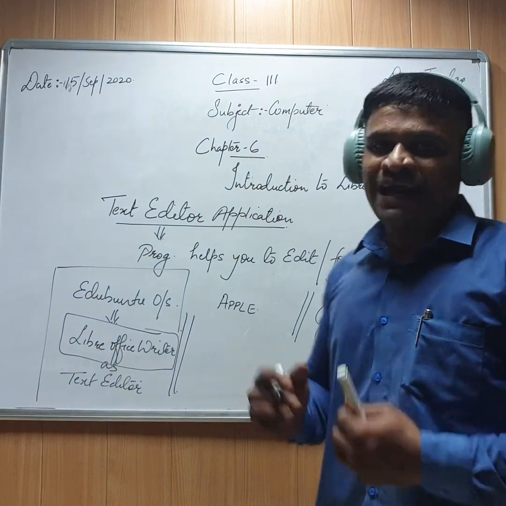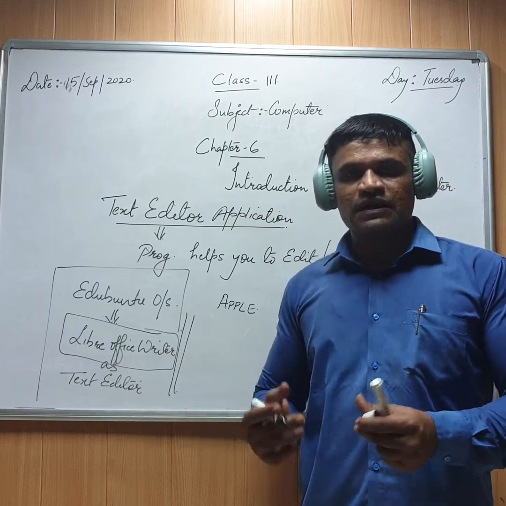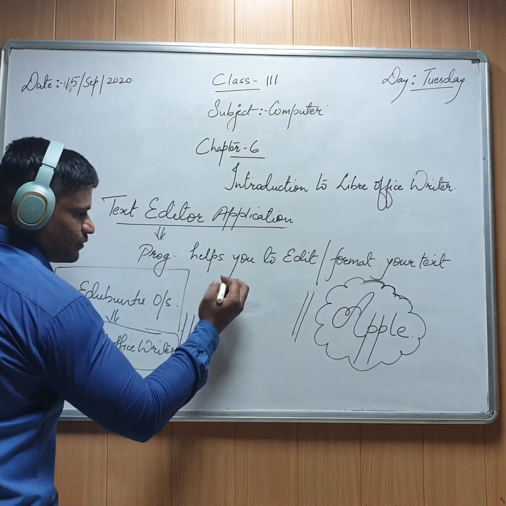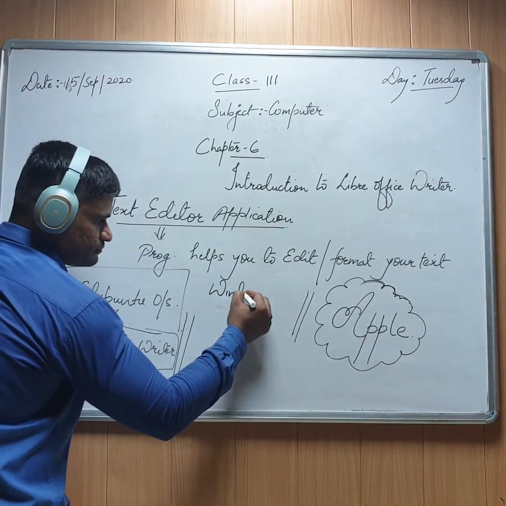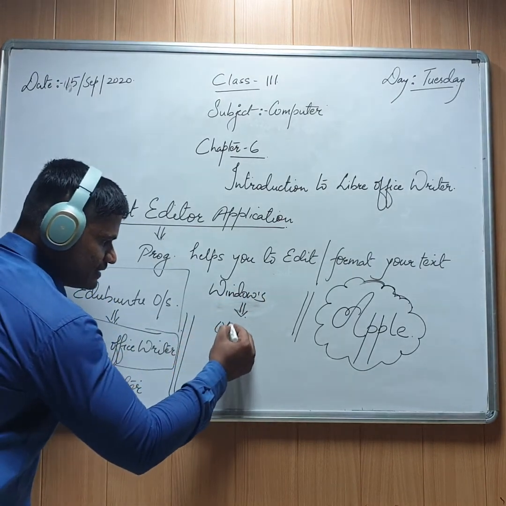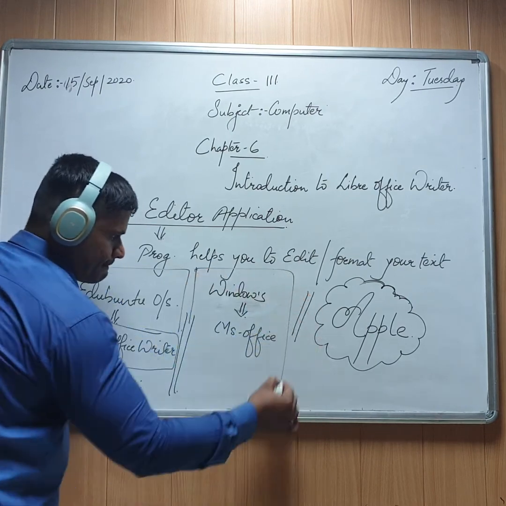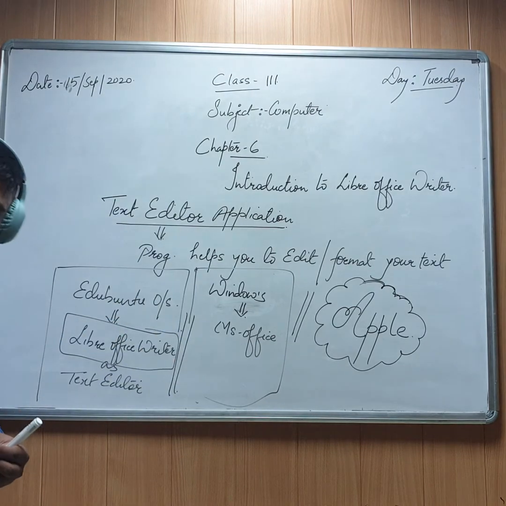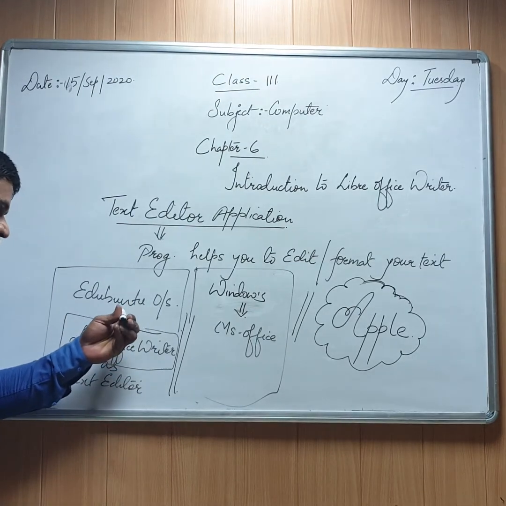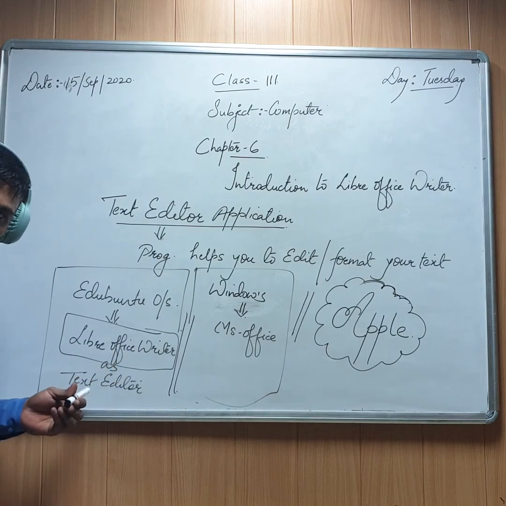But because, as you know, right now we are not coming to the school, I am taking this class on my laptop. Unfortunately, my laptop has the Windows operating system, and in Windows, the name of the text editor is MS Office. So we will be learning the basics and the concept of LibreOffice Writer from the book.